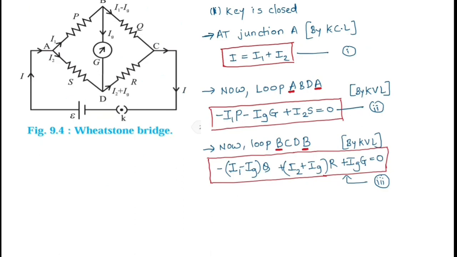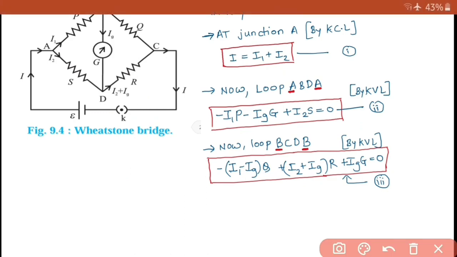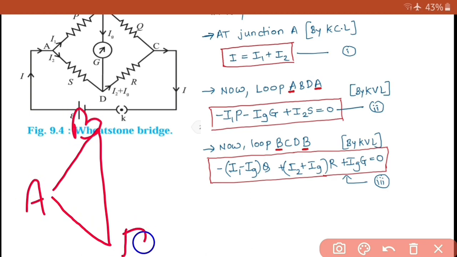Now for the second equation, we will apply Kirchhoff's voltage law. This law is applied on a loop, so we can consider the loop A, B, D, A. Our direction of tracing is A, B, D, A. From A to B, the direction of current is the same as the direction of tracing, therefore the potential difference across P will be negative, that is minus I1P.